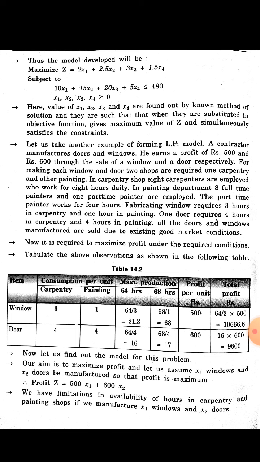So 64 divided by 3, on average the maximum production for a window is 21.3, and similarly 64 divided by 4 for a door we get 16. Similarly, for painting, 68 hours divided by 1 for a window, and 68 hours divided by 4 is equal to 17 for a door.